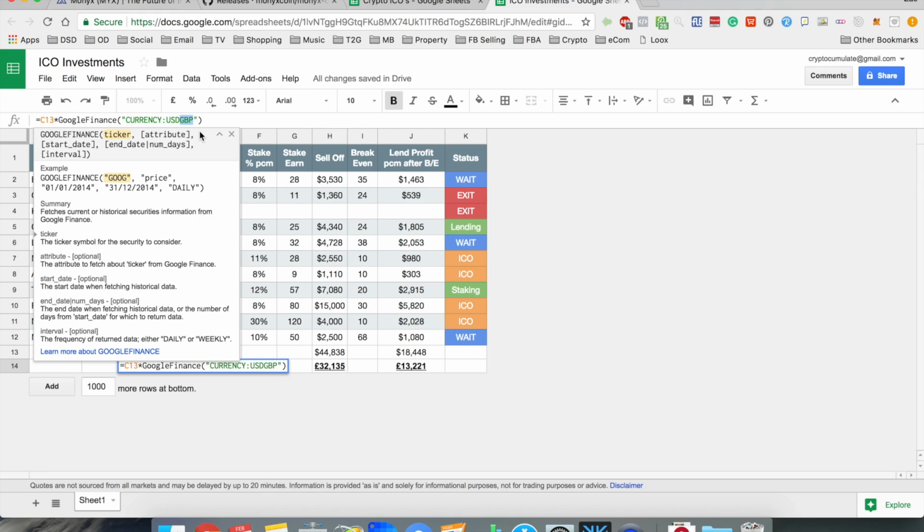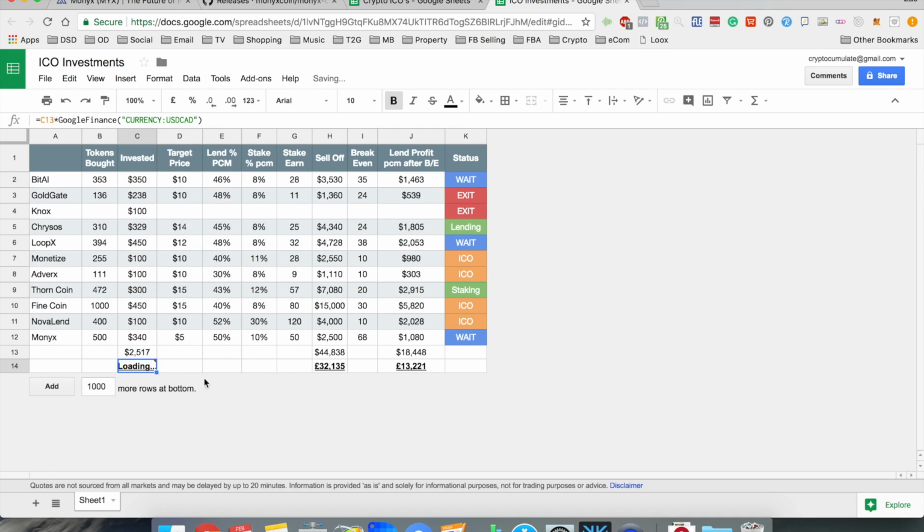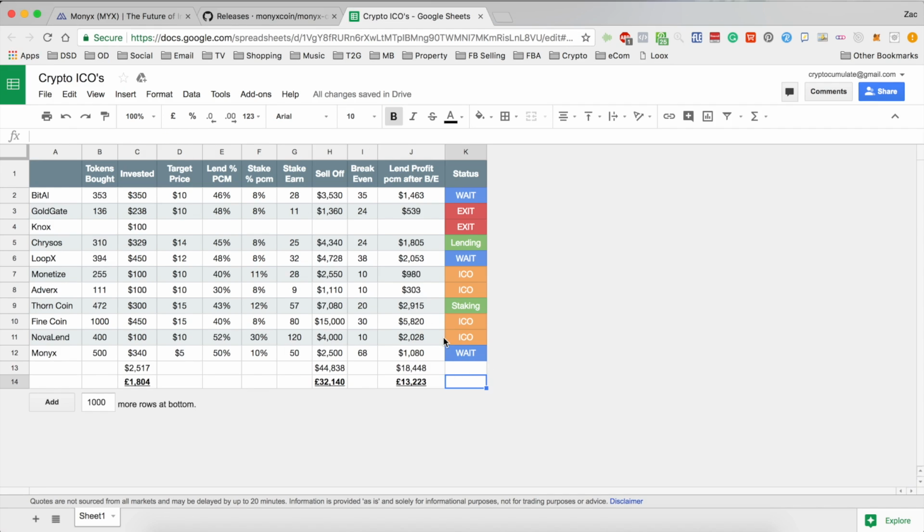So if you're in Canada, for example, if you change that to CAD, I believe, you'll see it says load in here now. It was just finding the exchange rate, and that is now changed to display Canadian dollars, I believe. Is it? Yeah. Well, that's quite high. I didn't know the exchange rate was that different. Interesting. Anyway, so yeah, just wanted to share that with you guys so you can change that to be more relevant to yourselves. I hope that all makes sense anyway.